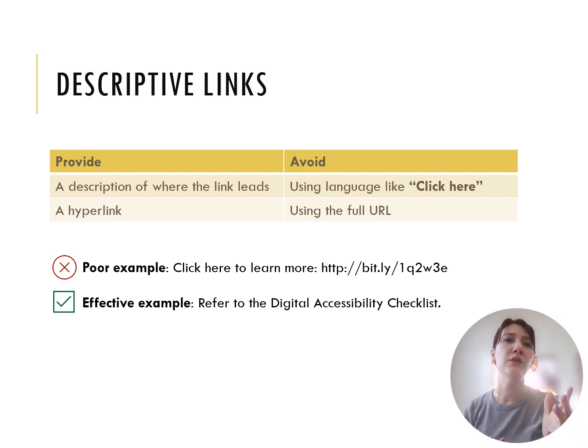So instead, I've written an effective example that says refer to the digital accessibility checklist. And I would make those words digital accessibility checklist a hyperlink so that it could just be clicked and then my viewer is able to go to the new window or screen.